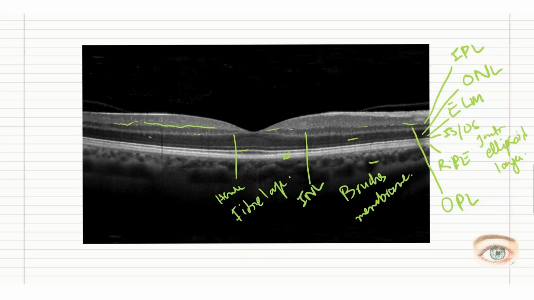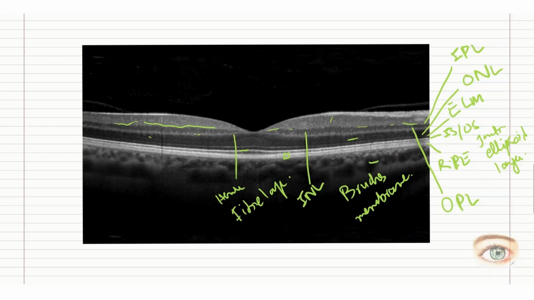The inner plexiform layer is also hyperreflective, and the nuclear layers are going to be hyporeflective. They are going to have less reflection. So you can see this somewhat darker segment, right?